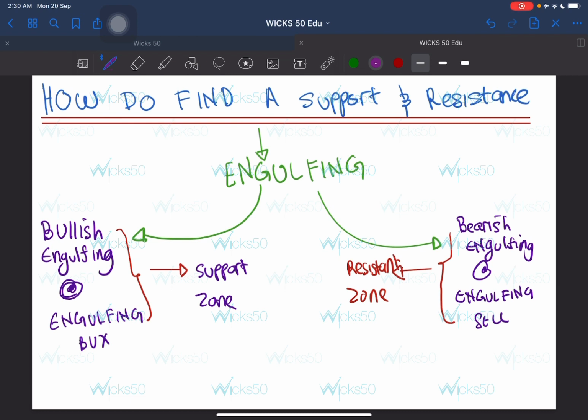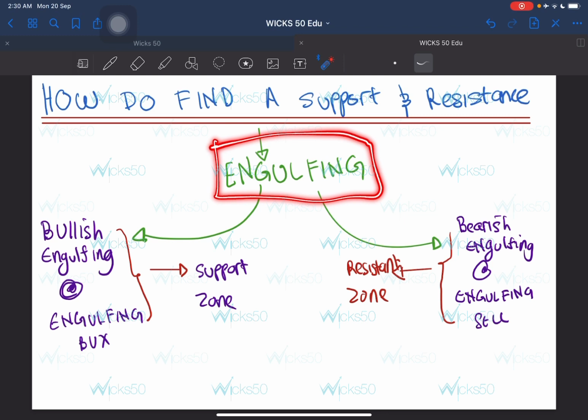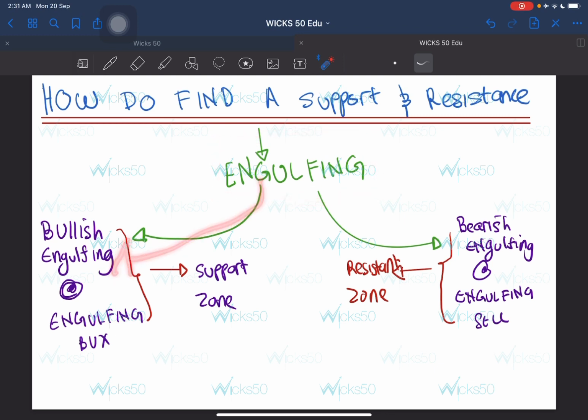So, to put it into simpler terms, how do we find support and resistance? We will be using the methodology of an engulfing. So engulfing is split up into two. Bullish engulfing or engulfing buy, whatever fits your tongue well, will allow us to potentially create a support zone.